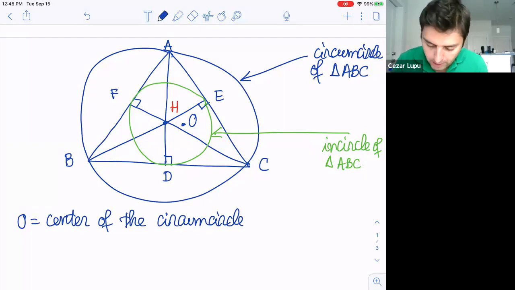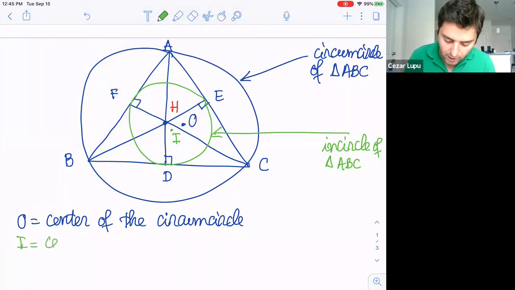And now what I'm going to do, I'll put this point here, I, somewhere here, let's say. I is the center of the incircle.